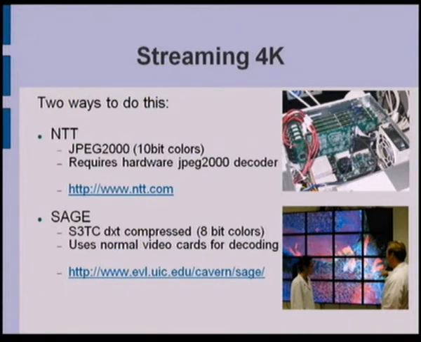Sage stands for Scalable Adaptive Graphics Environment. It's built by EVL from the University of Illinois Chicago, and it uses S3 texture compression to compress the video. And the cool thing about this is that we can use normal video cards for decoding these images.